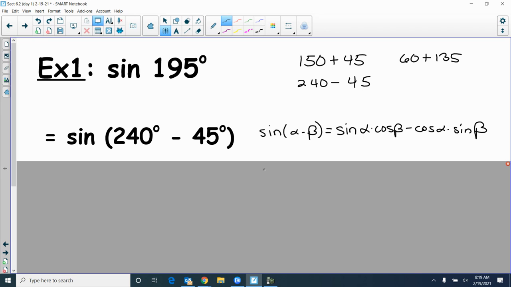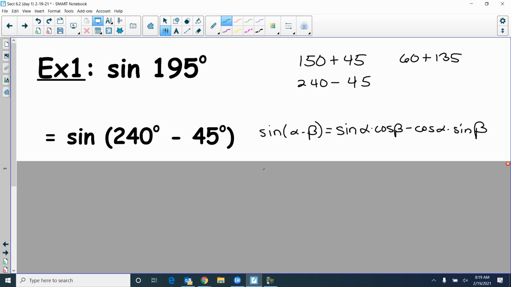And sometimes you can read the alpha and the beta, which is absolutely fine. Sometimes I'll say first and second. So it's the sine of the first, cosine of the second, minus cosine of the first, sine of the second. Either way. Now make sure, this is not plus a negative beta. These are just the angles. That's the 240. That would be the 45. Don't make it negative 45.